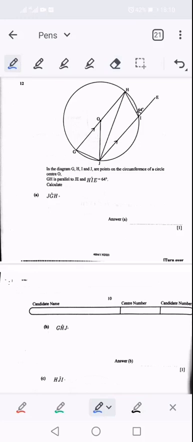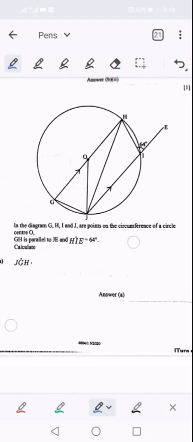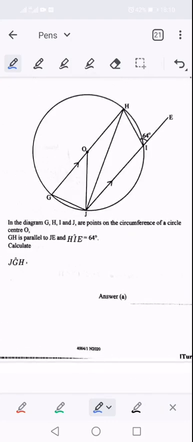Right, greetings class. Today we want to talk about circle geometry. I'm going to revise with you this question which came in November 2020. Even before attempting to answer any question on circle geometry, please don't look at the question. Just forget about the questions.